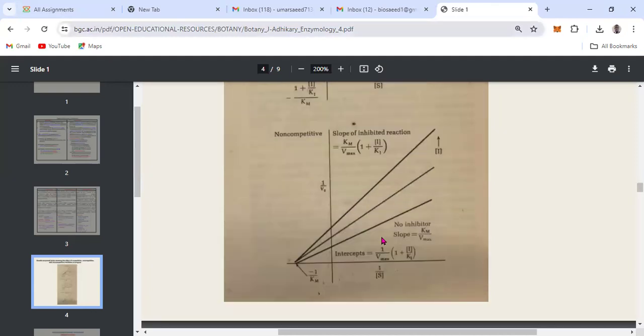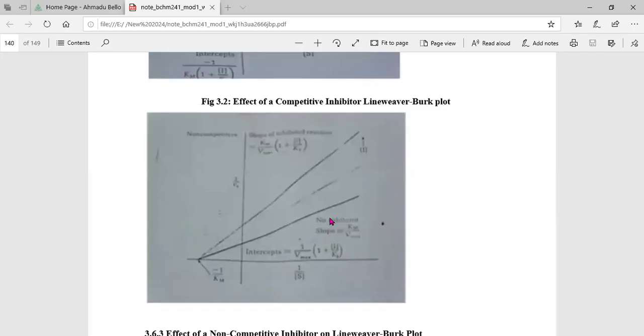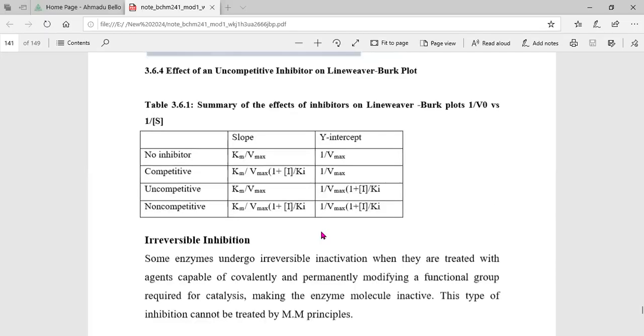Okay, let's go back to our lecture material. We can see that it's the same thing, but the other one that I just finished showing you is more clear. Now, this is a summary of the effect of inhibitors on Lineweaver-Burk plots.